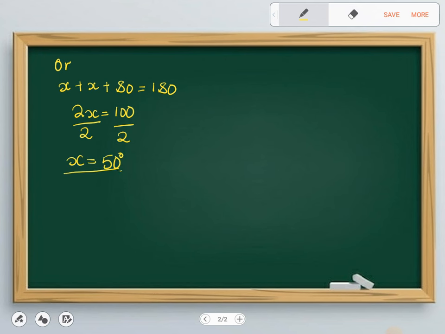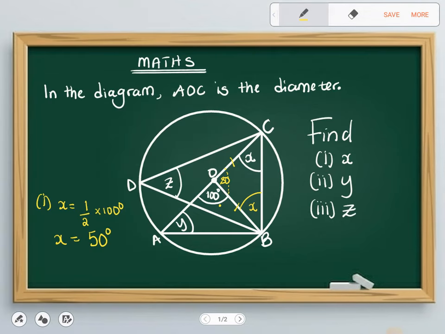So it's the same. If you are able to remember that the angle at the center is twice the angle at the circumference, well and good. Now we've known that this is 50, and even this one here is 50, because OB and OC are equal, as they are all coming from the circumference going to the center.